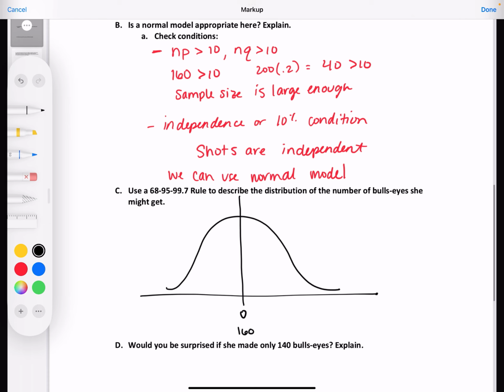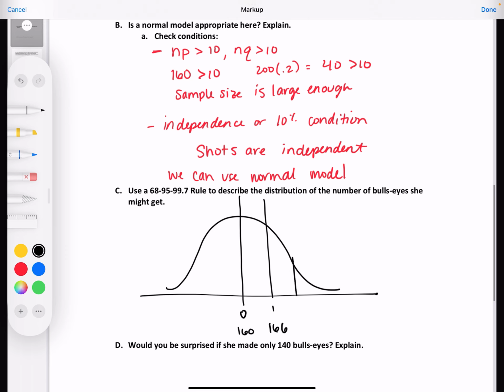Then at 1 standard deviation away, basically we're adding 6 because she can't shoot 5.6 bullseyes, so it's going to be 166.